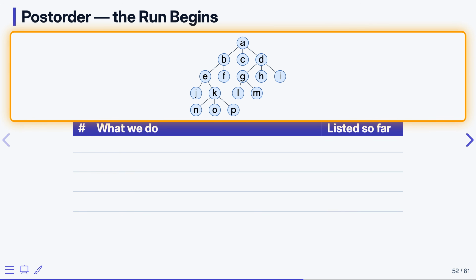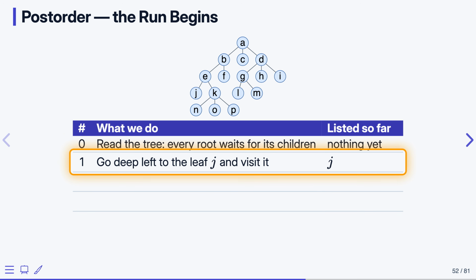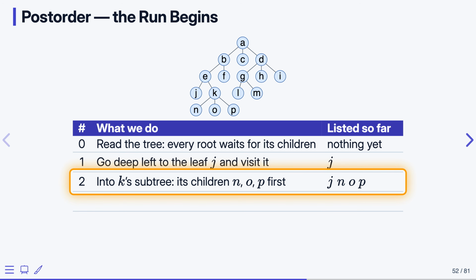Now the Postorder, run on the same tree. Step 0. Read the tree with the Postorder rule in mind. Every root has to wait until all of its children are done. Step 1. So we go deep to the left down to the leaf J and visit it. J is first on the list. Step 2. Next comes K's subtree.